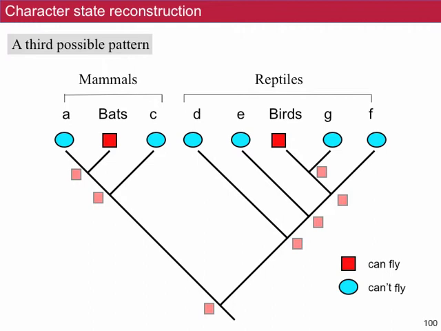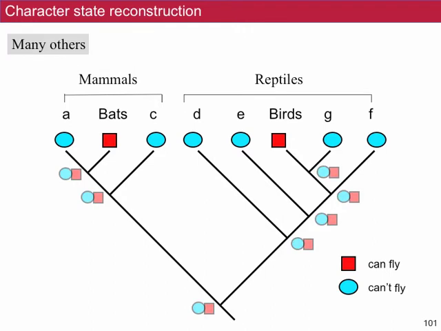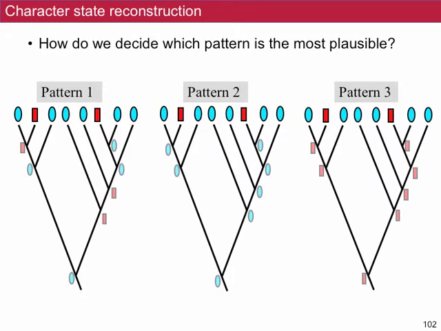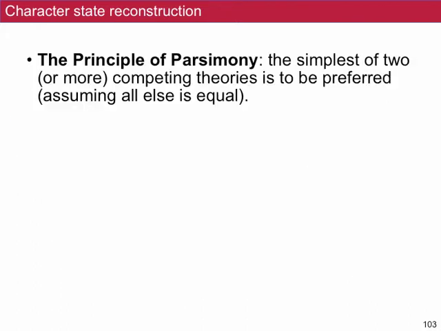Then we're going to count the number of character state changes required, given this pattern of ancestral character traits, to get the data that we have in the modern organisms. So here's pattern 1, pattern 2, and pattern 3, and we're going to count the number of changes required on those trees.